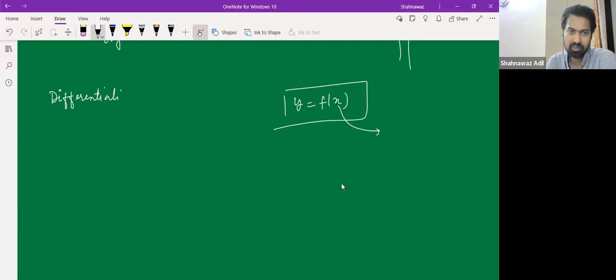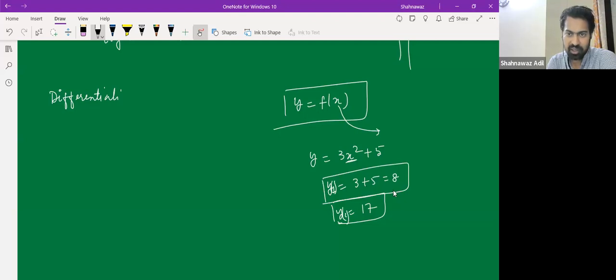Let's say y is 3x squared plus 5. If x is 1, y would be 3 times 1 squared plus 5, which is 8. But if I change x to 2, y would be 3 times 2 squared, 12, plus 5, 17. This would be y2. So if I change x, my y also changes.